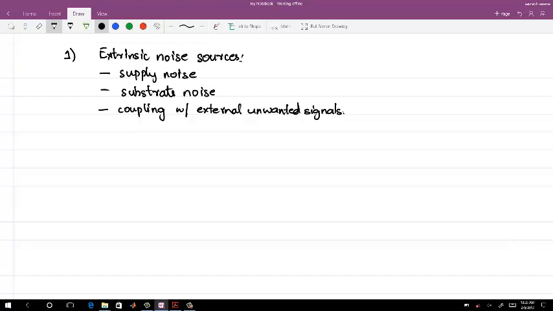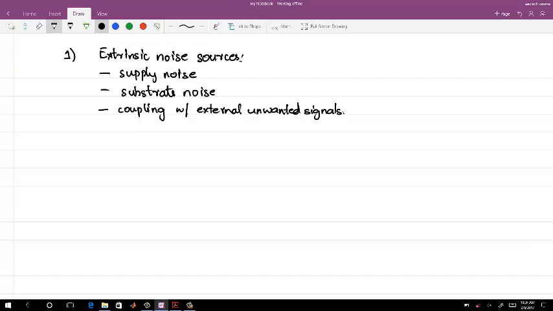Let me just give an example, right? In a digital block you are pumping in a lot of current on the substrate when the substrate is a ground, right? Then there will be ground fluctuations, okay, and through the substrate that can get coupled to the other circuit.